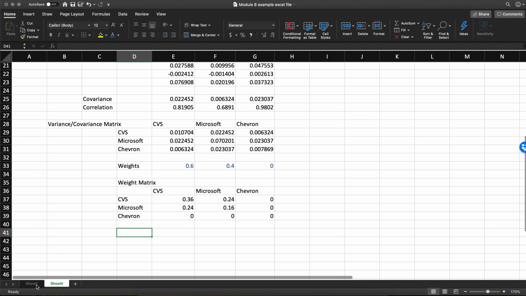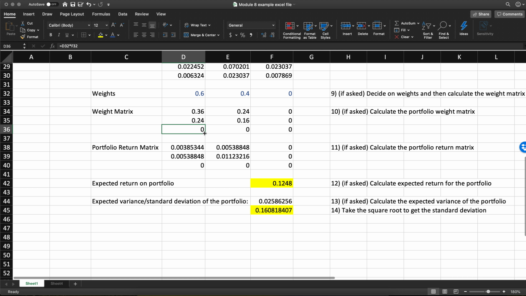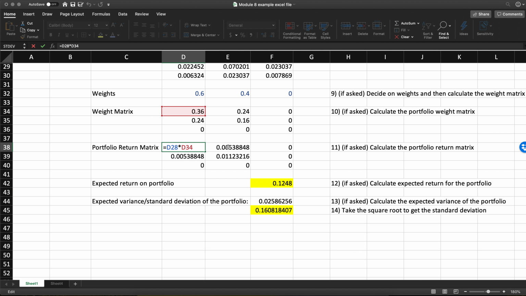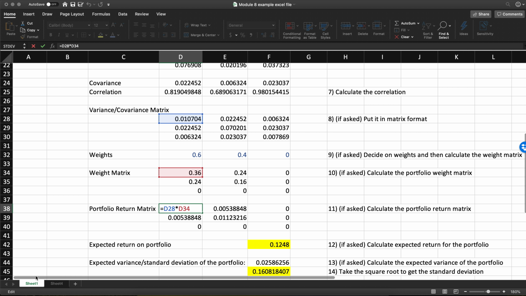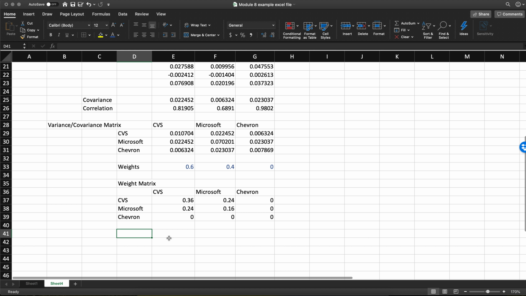The second to last step on this is to get the portfolio return matrix, and that's just going to be the weight matrix times the variance covariance.